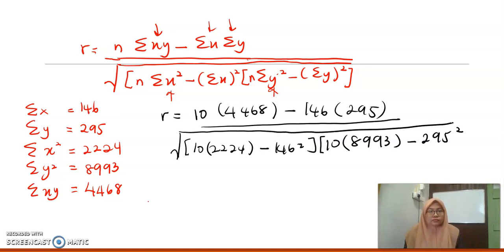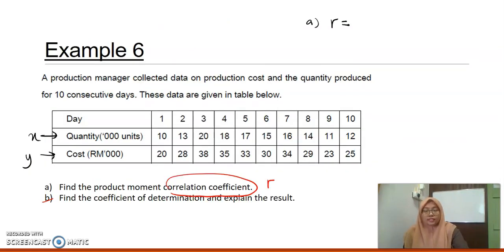Okay. The final answer for R is 0.9827. From this R value, we can conclude that there is a strong positive linear relationship between the X and Y variables, between the quantity and also the cost of production.